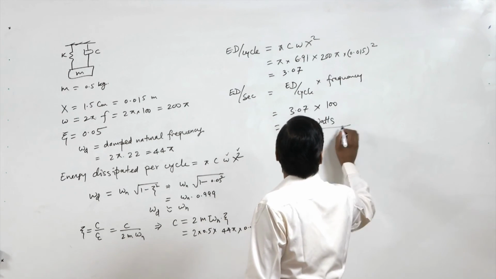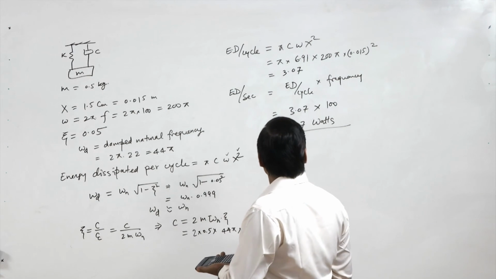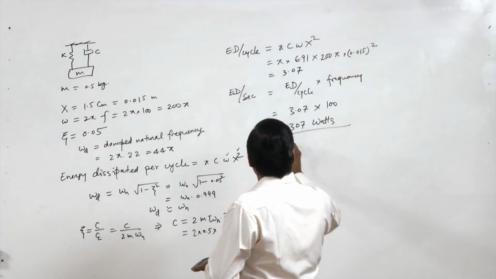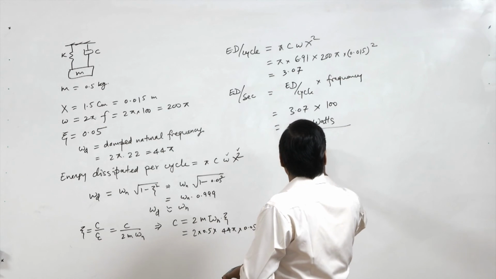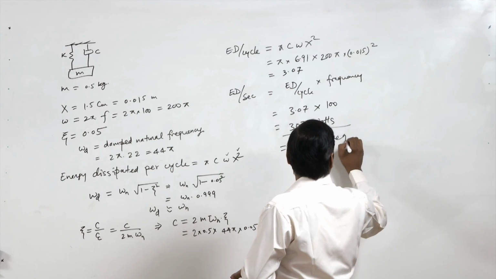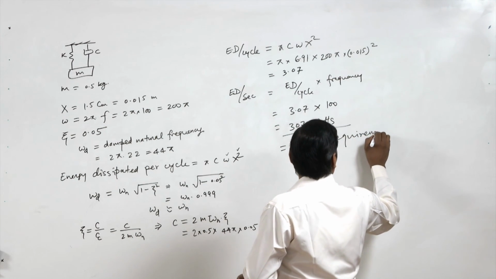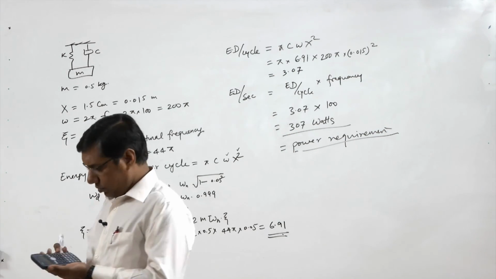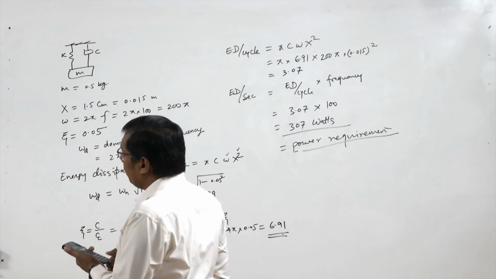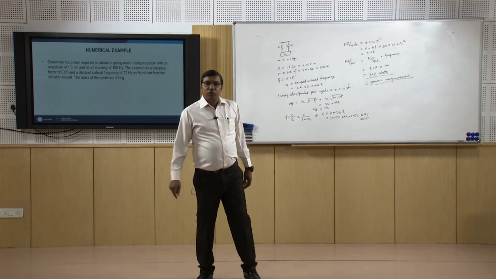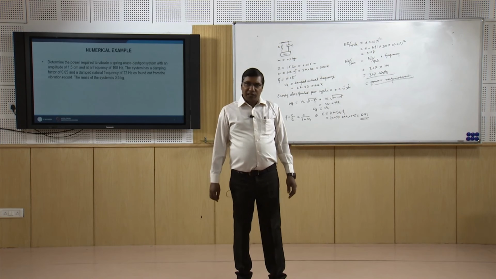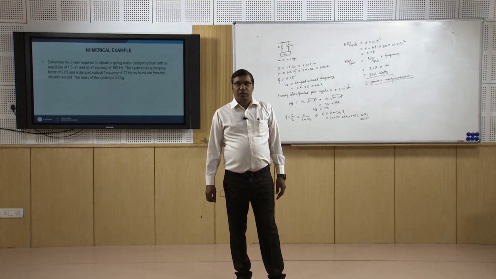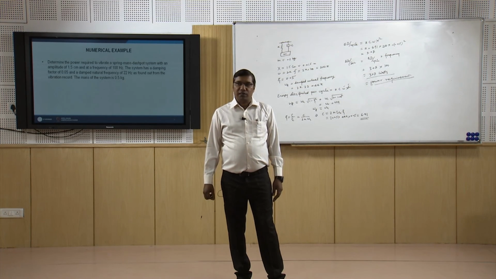So this is in watts, and this will be equal to the power requirement. So this is the power required for this system. Okay, so we stop here, and thank you for attending this lecture, and let's meet in the next lecture. Thank you.